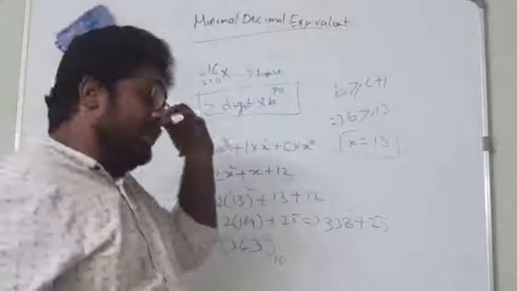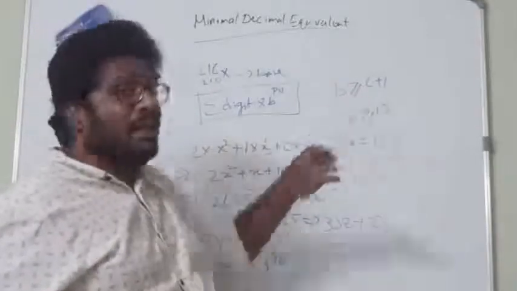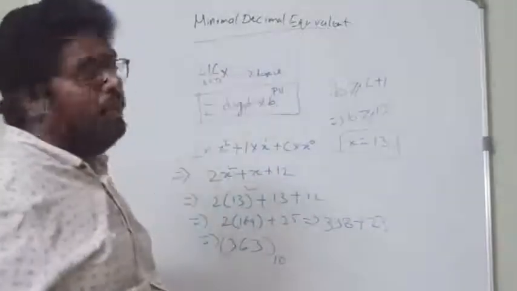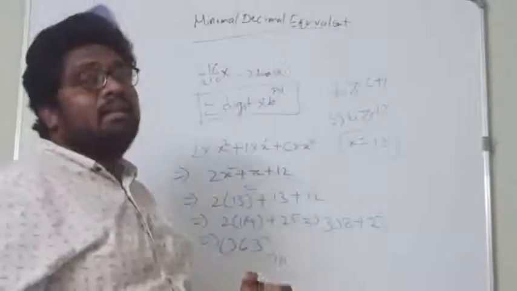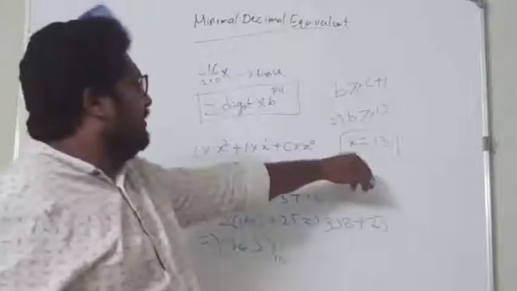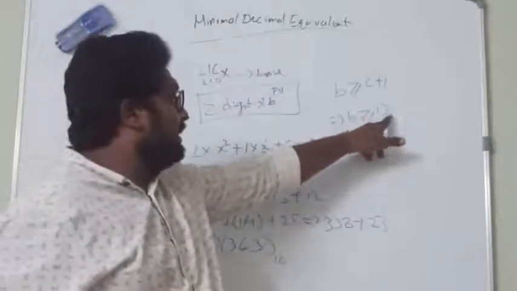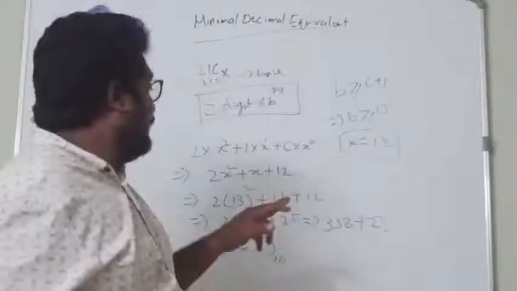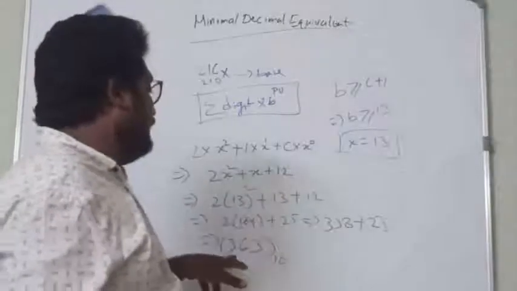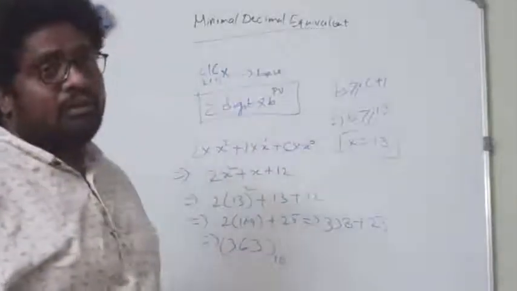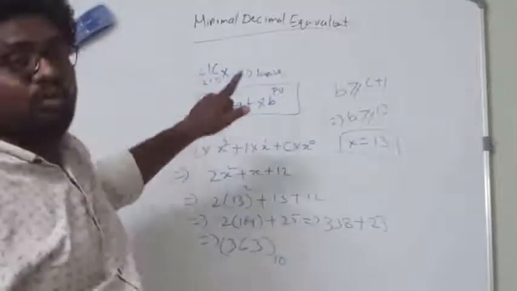The biggest digit is C, that is 12, so the base must be greater than or equal to 13. So we have taken x equals 13 and substituted it here, and we get 363 as the decimal equivalent of the given unknown base value 21C.